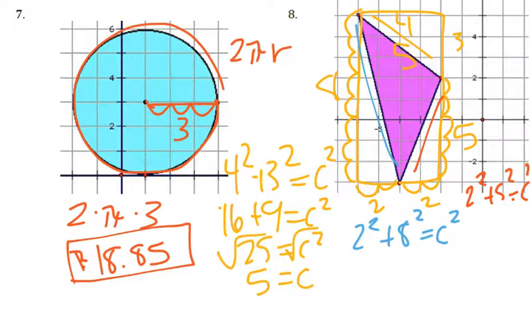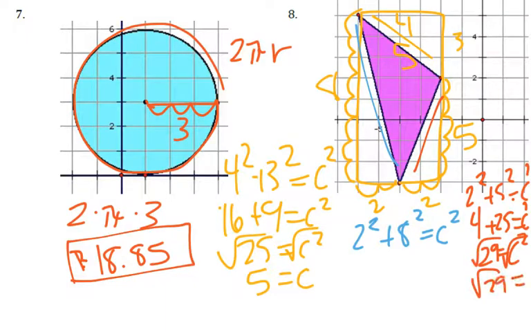So this length is 5. 2 squared is 4. 5 squared is 25. So we get 29 equals c squared. Take the square root of it. The square root of 29 is about 5.4. So we'd have 5.4 here.